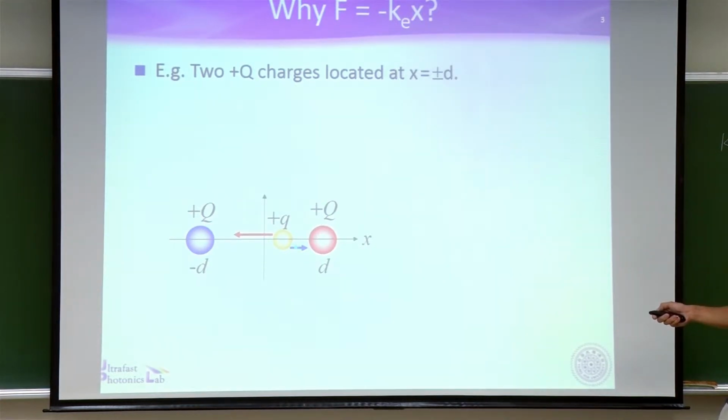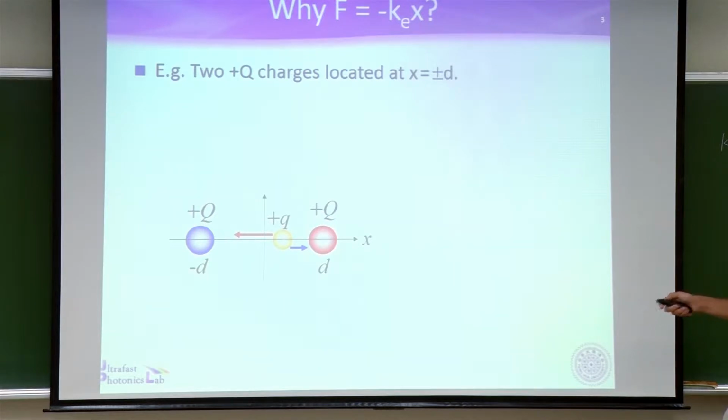And if you place a test charge plus q somewhere in between, what happens? You can see the arrow, right? The test charge is closer to the right charge, so the repulsive force to the left is stronger than the repulsive force contributed from the left charge. So what is the total force experienced by this test charge?